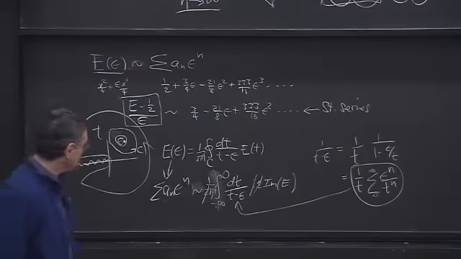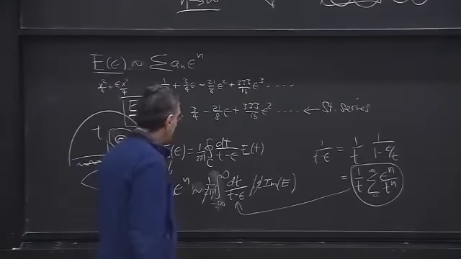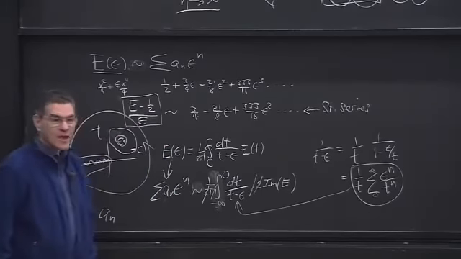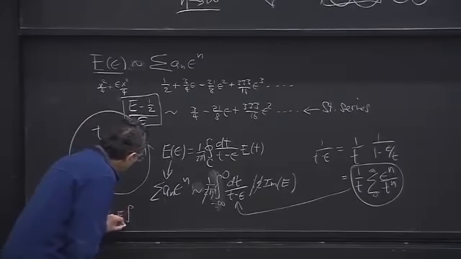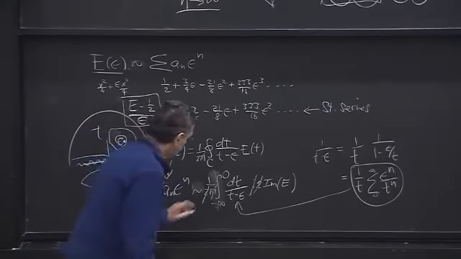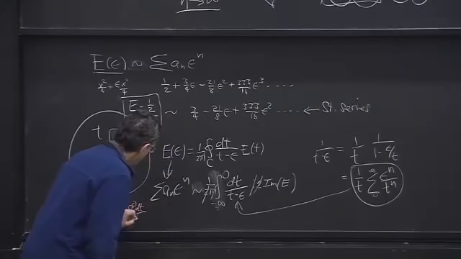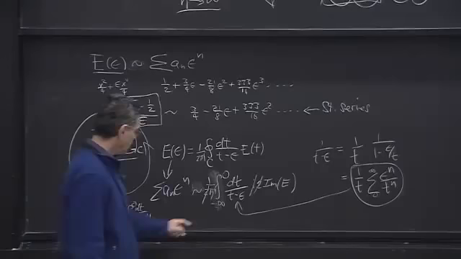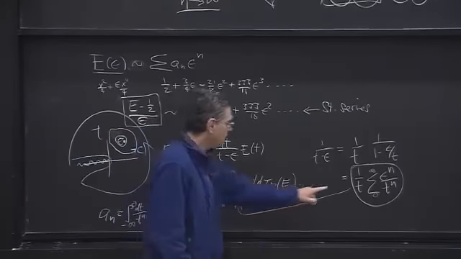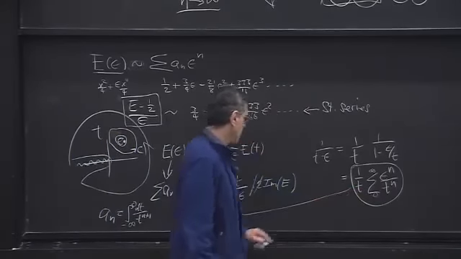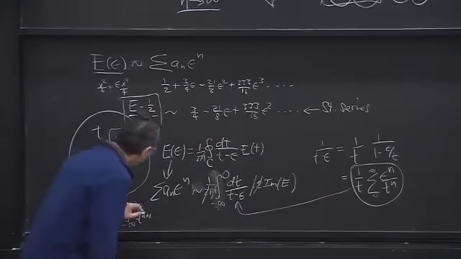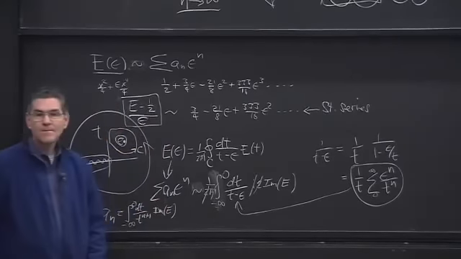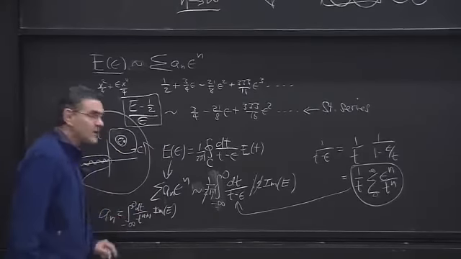So I conclude that the nth term, a sub n, can be written as an integral from minus infinity to 0 of dt over t to the n plus 1, times the imaginary part of E. This is an equality.